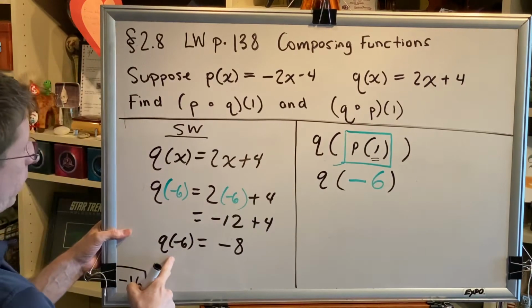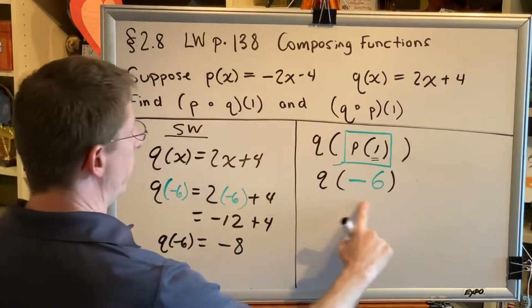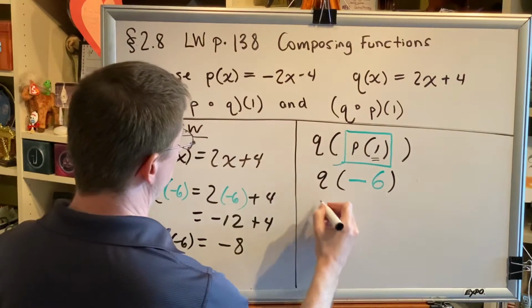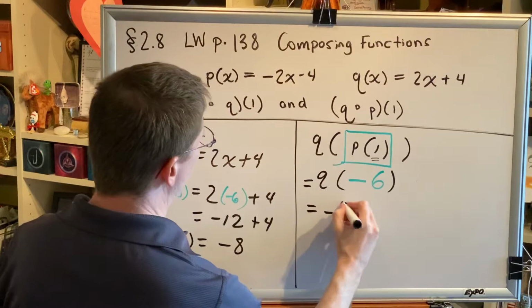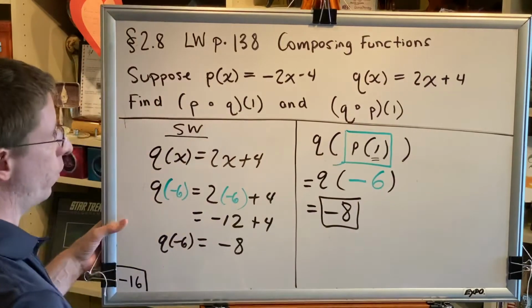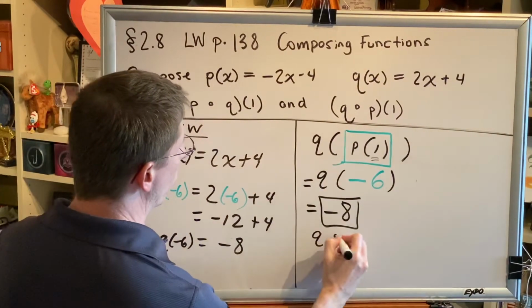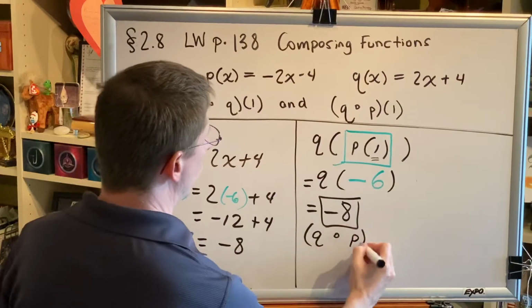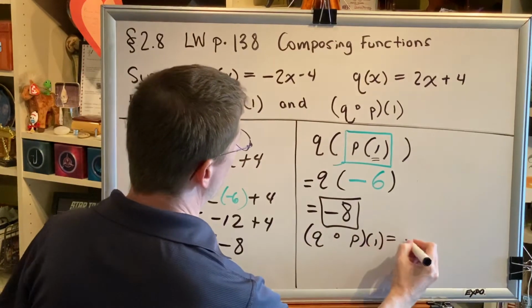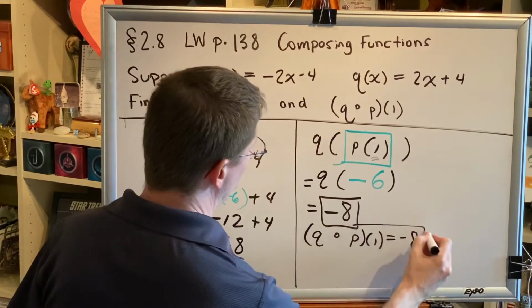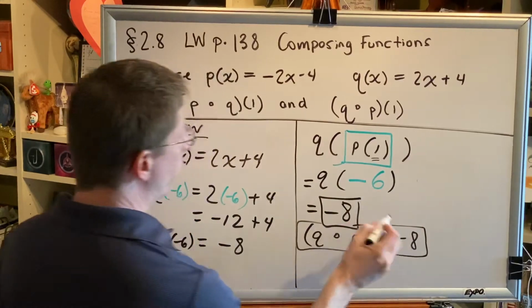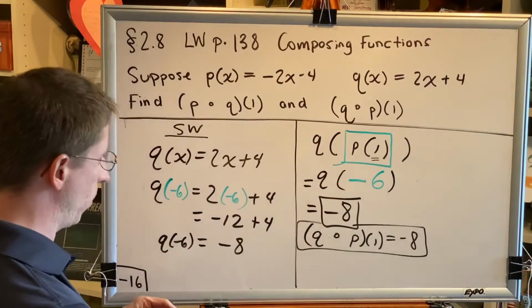So q of negative 6 equals negative 8. So our final answer for this question is q composed with p of 1 equals negative 8. Both ways of writing this final answer are acceptable.